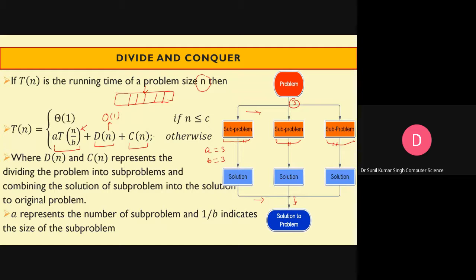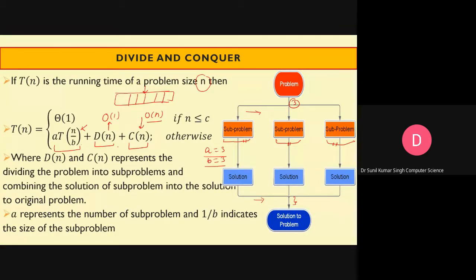But here combining cost is associated with the merging of the list. So merging of the list will have its time complexity, and it is something order of n. Those who are not able to get how it is going to be order of n, it will be clear in the coming slides, where we'll discuss it. With the help of this diagram, we can see a is equal to 3, b is equal to 3, and combining cost and dividing cost are associated.